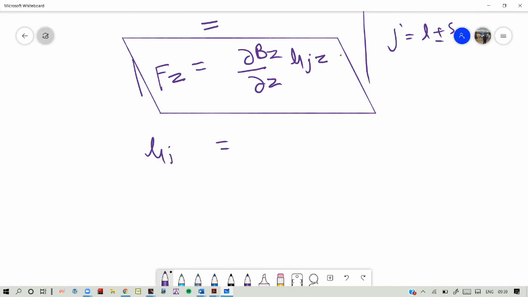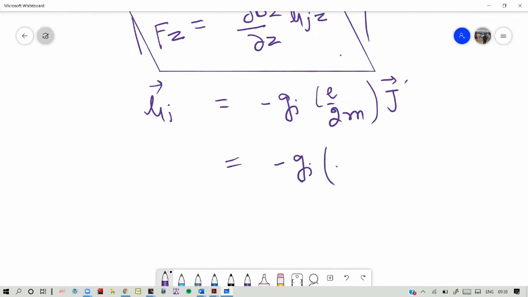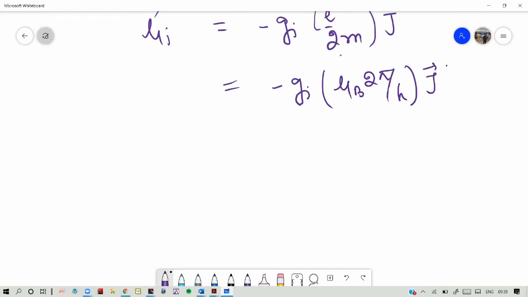I can write mu_J as minus g_J e by 2m into J, which equals minus g_J mu_B 2 pi by h into J. We have already seen this expression for mu_L, mu_S and mu_J in the last lecture. g is the corresponding g factor, and mu_B is the Bohr magneton, which is eh by 4 pi m.